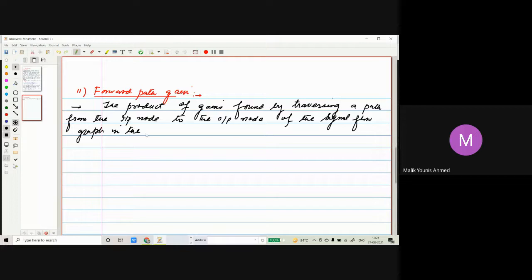That means the signal will be moving in the direction of signal flow.